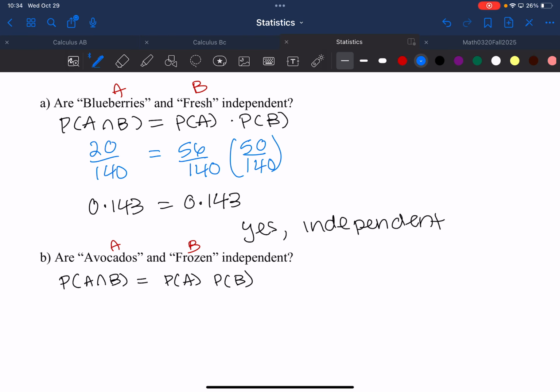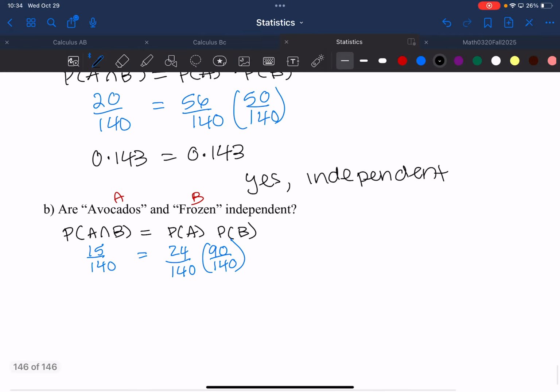What number? 15 out of 140 is equal to, and then probability of just avocados? 24, right? We're looking at all avocados. 24 out of 140. And then the probability of just frozen. 90 over 140. And so then we need to test this.